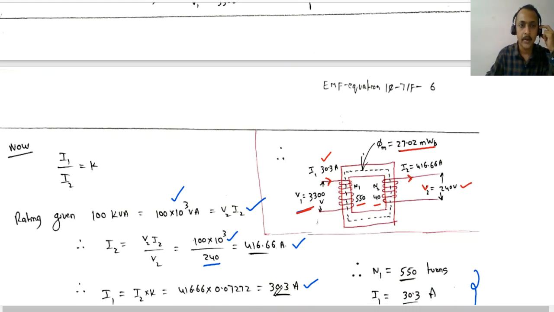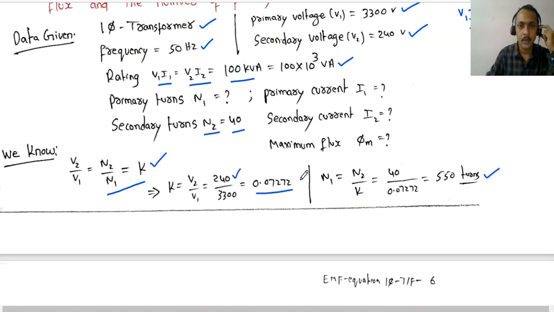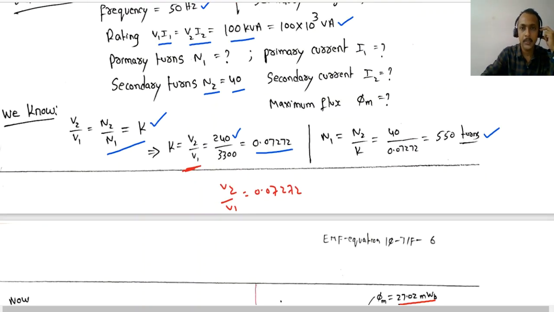For example, in the place of V2 by V1, if you directly show the answer, it will not add that much. You show the substitution 240 by 3300, then you write the answer. The presentation skills count.